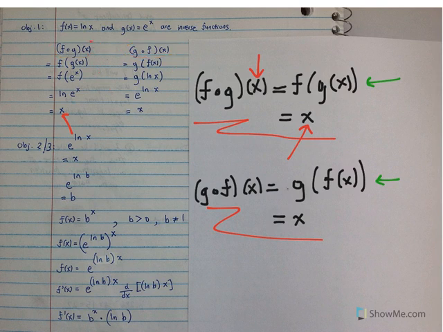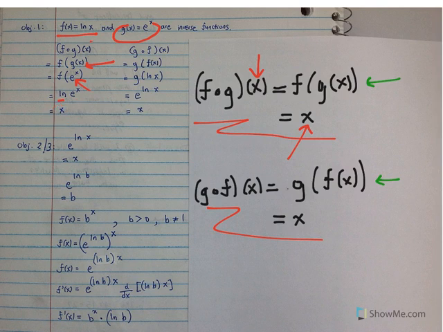So for f of g of x, we have f of g of x, and our function g of x is e to the x, so we have f of e to the x. And what is the function f? It's the natural log of x, so now we have natural log of e to the x, and because they're inverse functions, they'll undo each other, and you just get x.